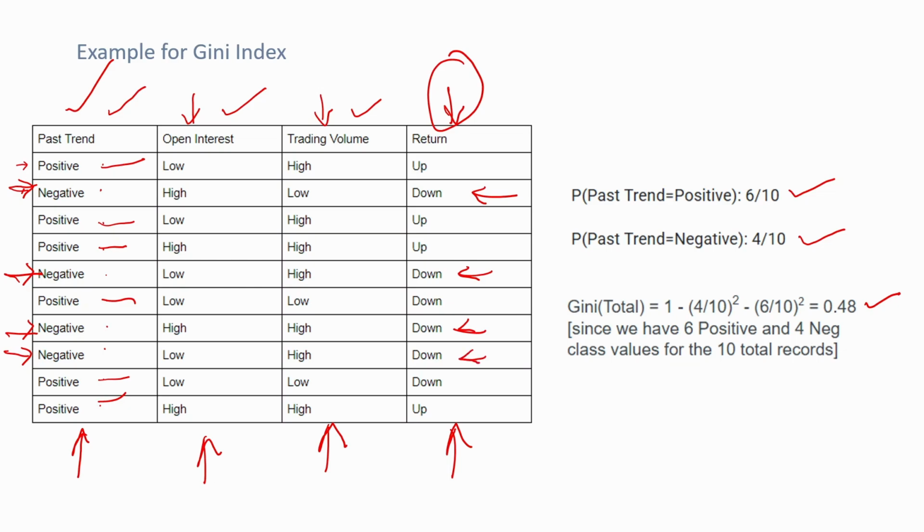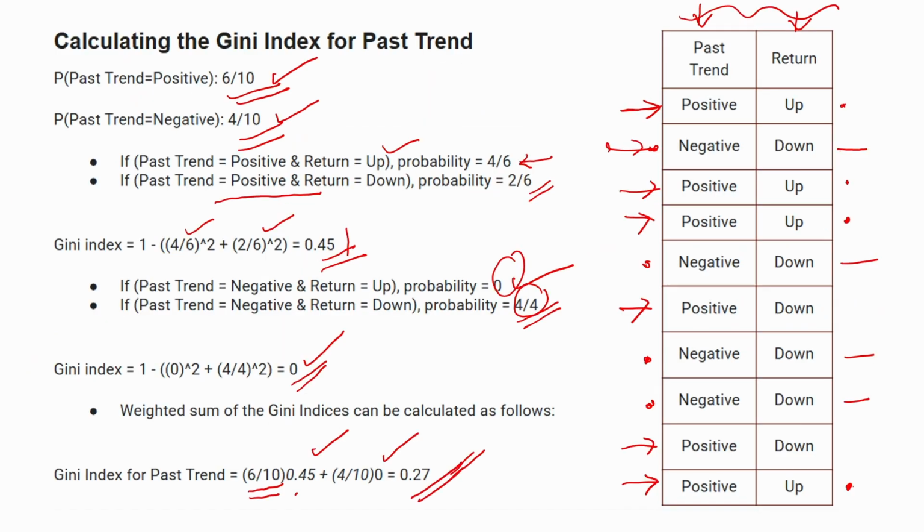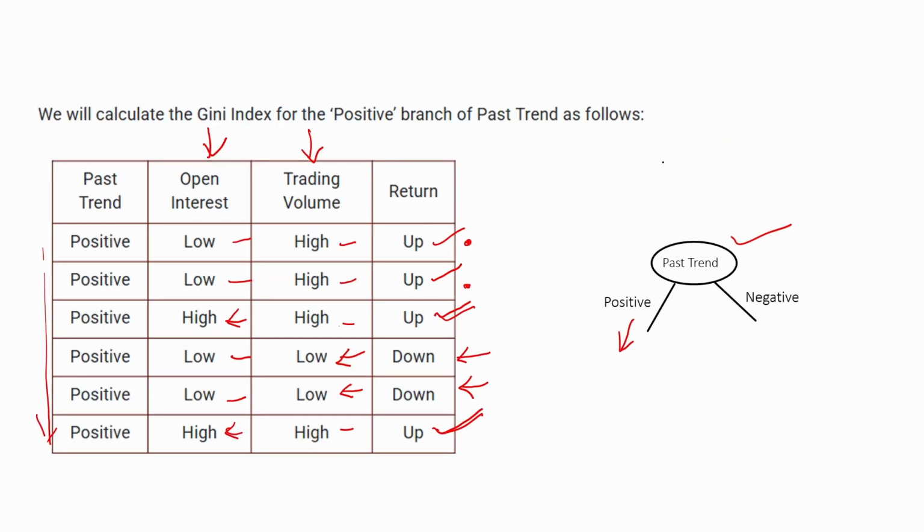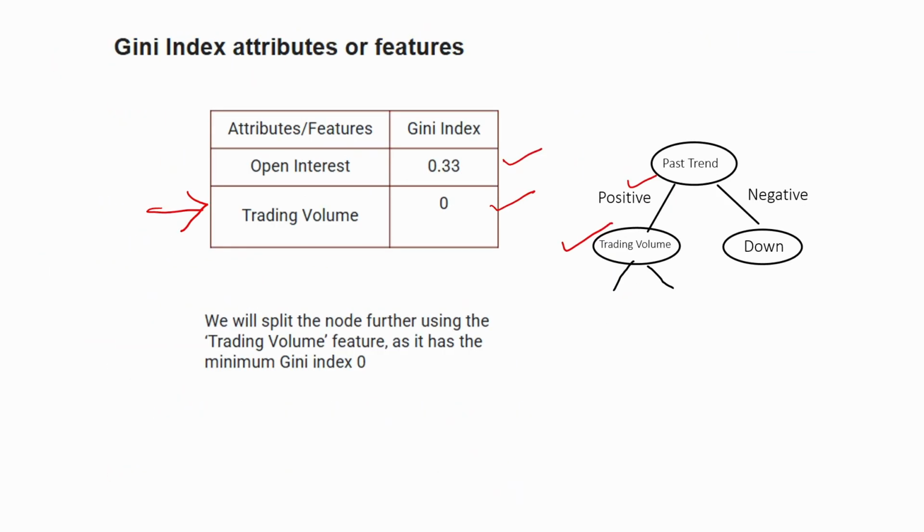So the decision is directly down. So if the past trend is negative, you can directly say that the return is down because there is no ambiguity in that, because it's a pure node. So for past trend negative, we can directly put it as down. We don't need any attribute selection measure for this particular node because the decision is already done. This is our leaf node, you can see here down.